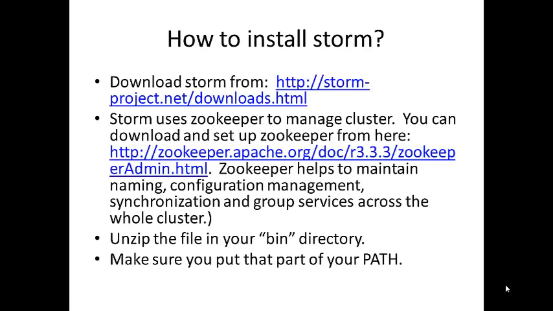All right, how to install Storm? That's pretty straightforward. You can go to the Storm project and download the Storm binaries. You may also want to install Zookeeper. Zookeeper, as I mentioned, maintains the cluster and makes it easier to maintain things like the naming convention, configuration management, synchronization of the configs, and other group services.